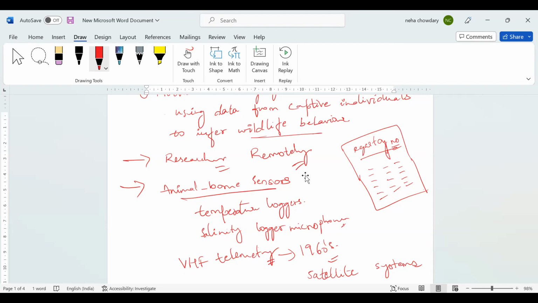So both captive and wild individuals were tagged with the same type of sensors and acceleration data logging systems. So captive individuals were observed to train and test the models, and wild individuals were used to apply them. So that is how they have divided their data.